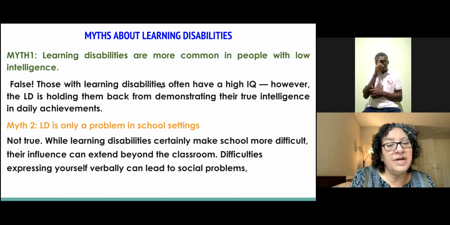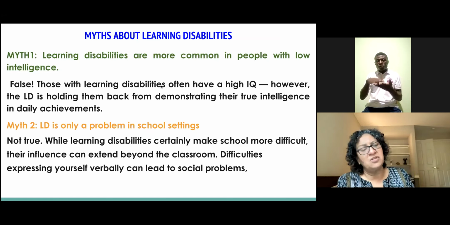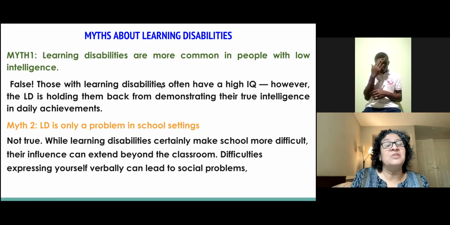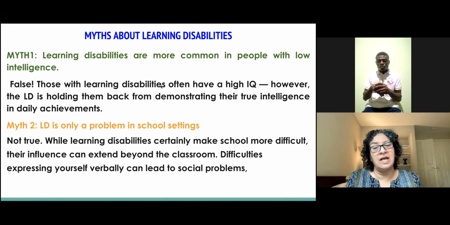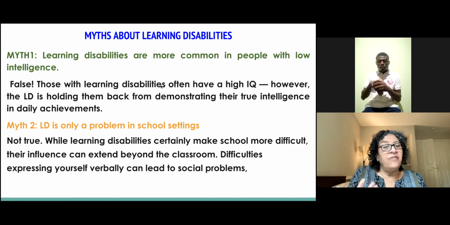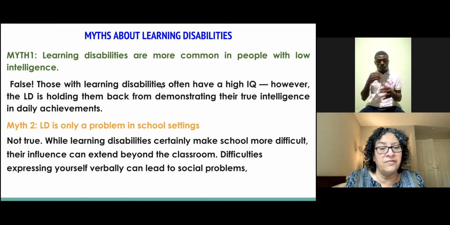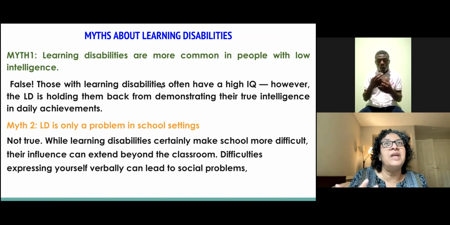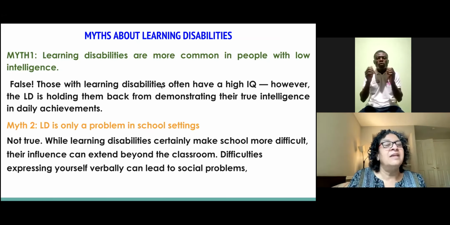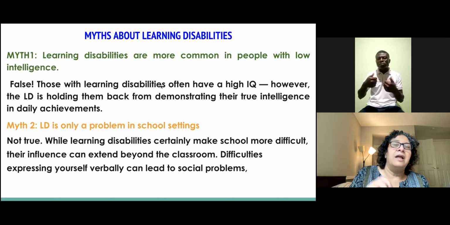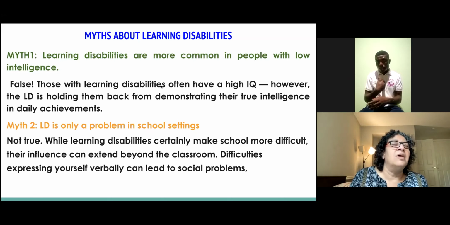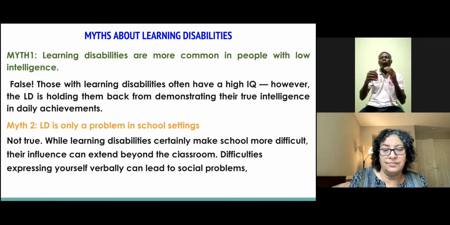Is learning disability only a problem in school settings? Not true. While learning disabilities make school very difficult, their influence can extend beyond the classroom. Difficulties expressing ourselves in the verbal format or communicating in a social setting can be a challenge, because learning disability has a language and communication challenge as such.